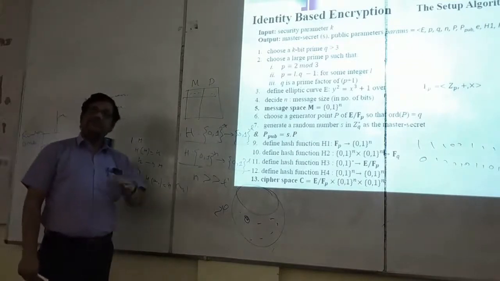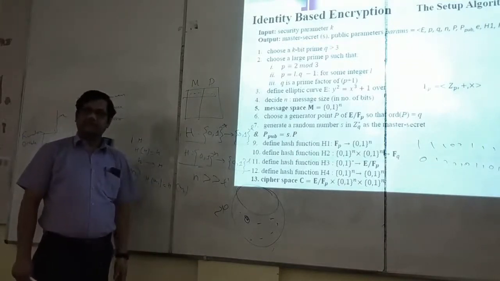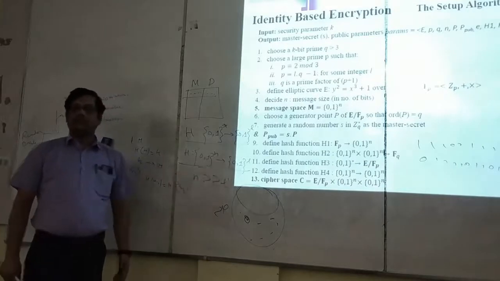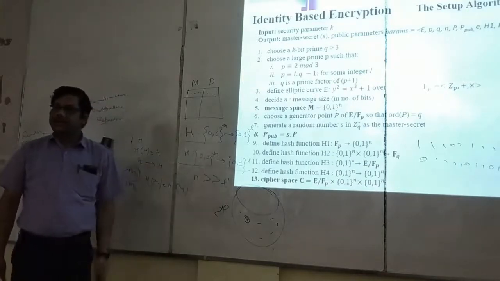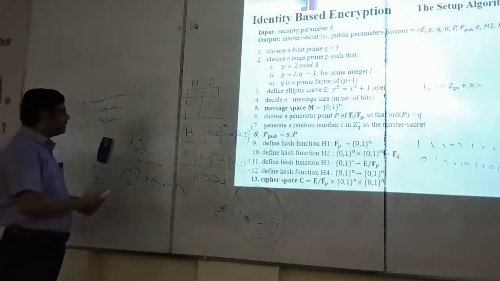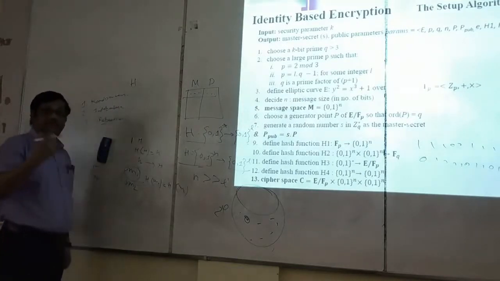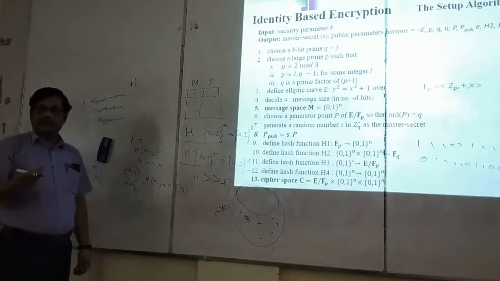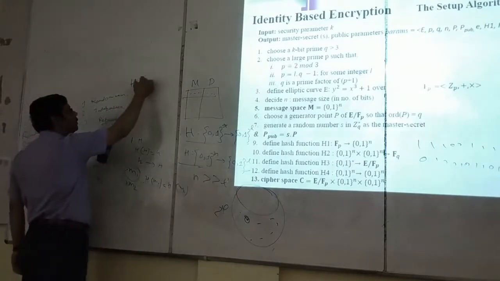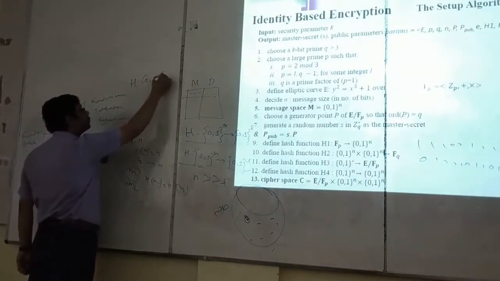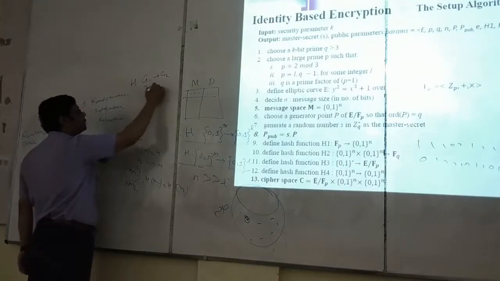It can be any set. The output domain or codomain also can be any set. So in general the hash function can be from any group or field, whatever. It can be from any group G1 to G2 or set S1 to S2.